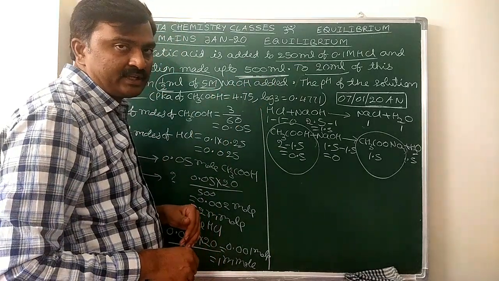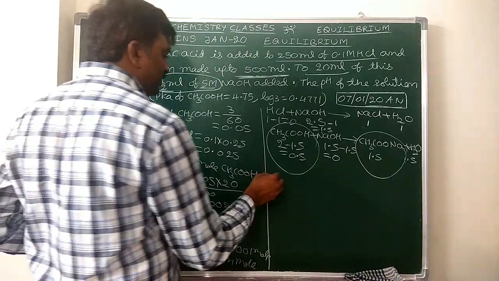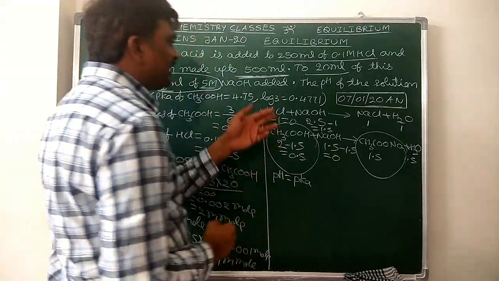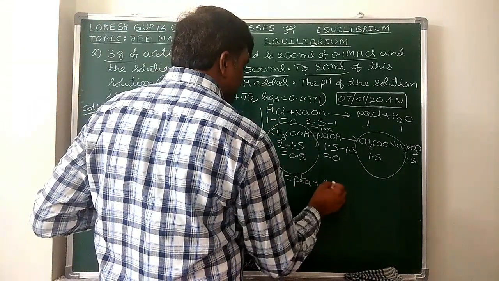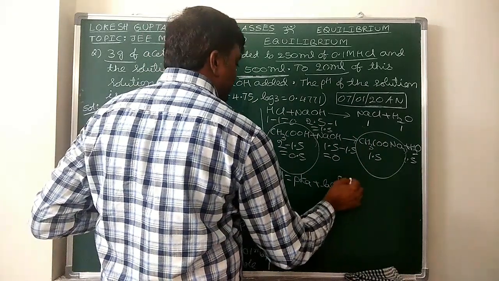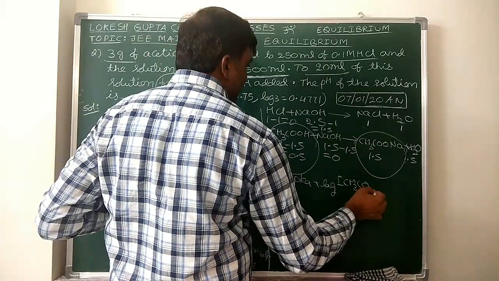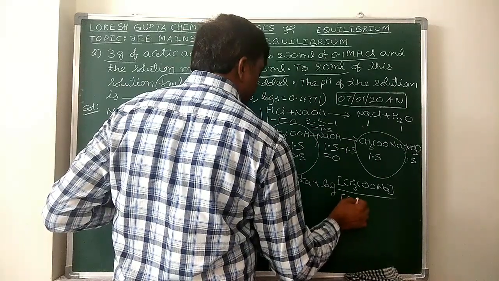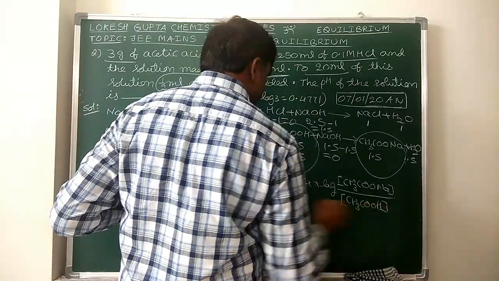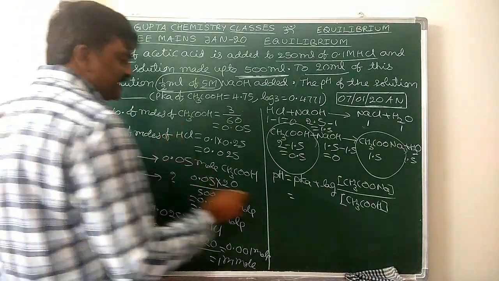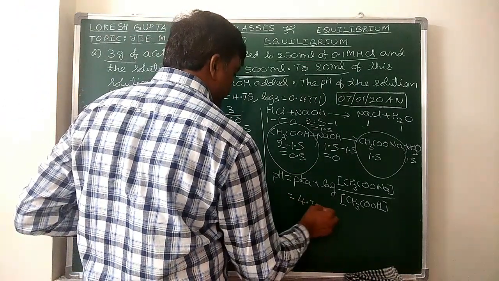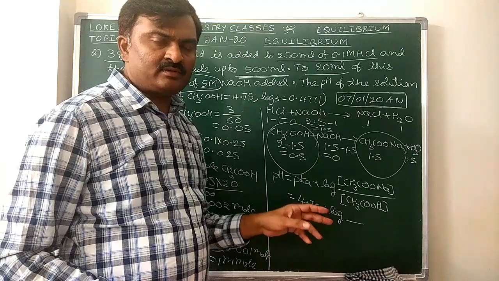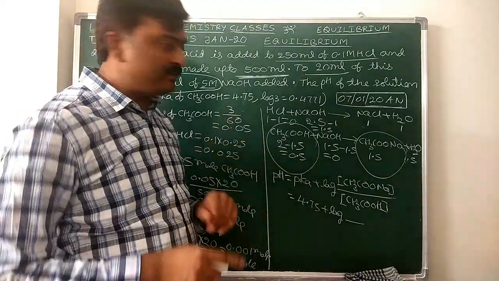The pH of the resulting mixture we have to calculate. So we apply the acidic buffer pH formula. pH equals pKa of the acetic acid, weak acid, plus log molar concentration of salt or conjugate base of the acid by molar concentration of the weak acid. pKa of acetic acid is given as 4.75 plus log molar concentration of sodium acetate, number of millimoles by volume in milliliter.